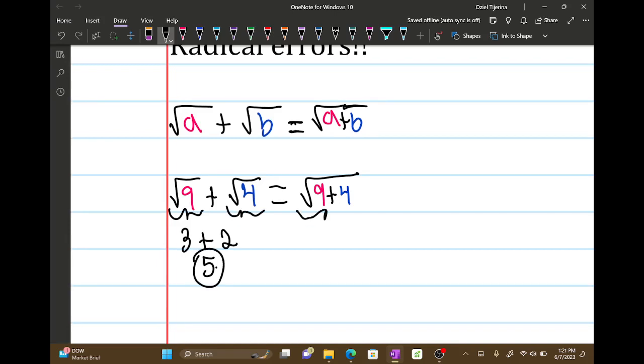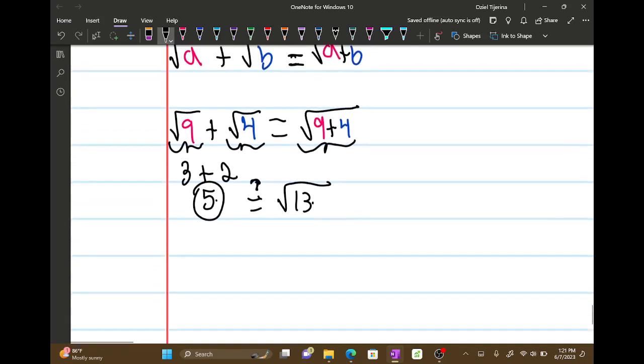But is this equal to the square root of 9 plus 4? Well, the square root of 9 plus 4 is really the square root of 13. But are these really equal? No, they're not. The square root of 13 is a decimal, and that is not equal to 5. So we can't say this.